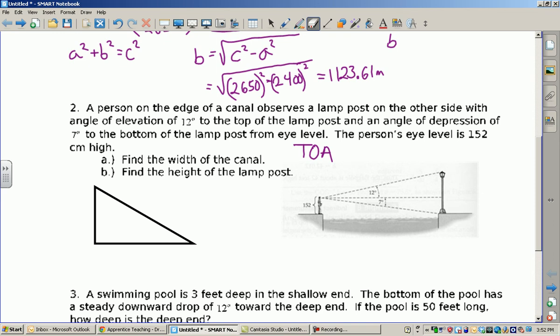With part B, they want to find the height of this lamp post. We can do this one of two ways. You can solve two right triangles, so it'd be this lower 7-degree triangle, and then do the 12-degree triangle, or we can realize that the man is looking straight ahead, and that from here to here is only 152 centimeters, because apparently the world is flat.